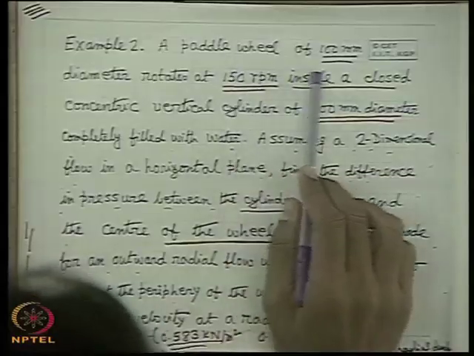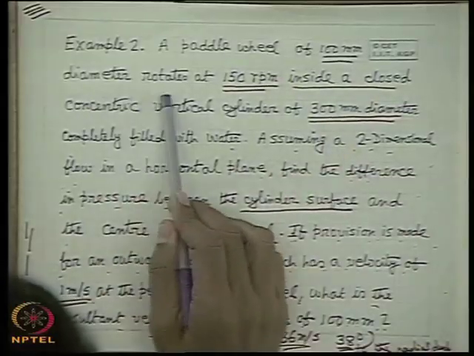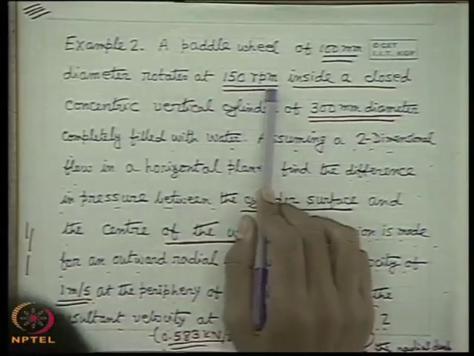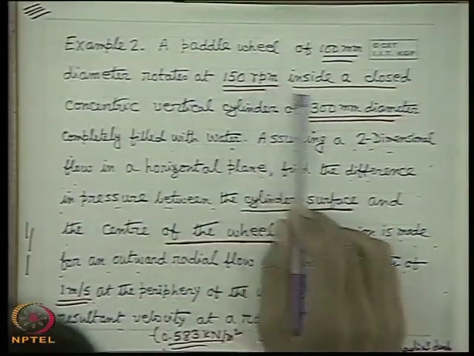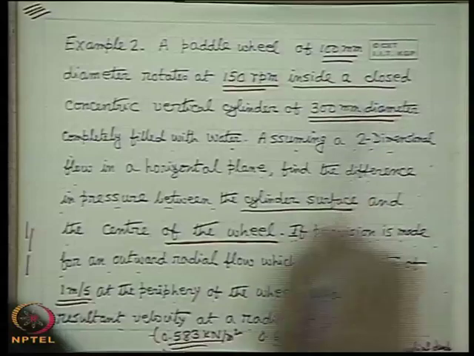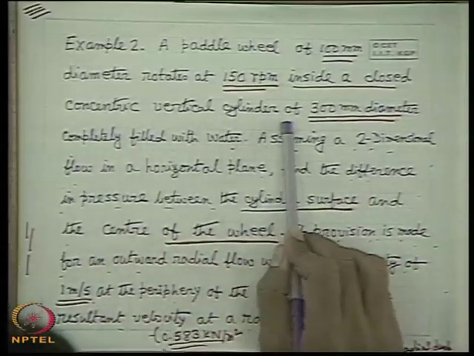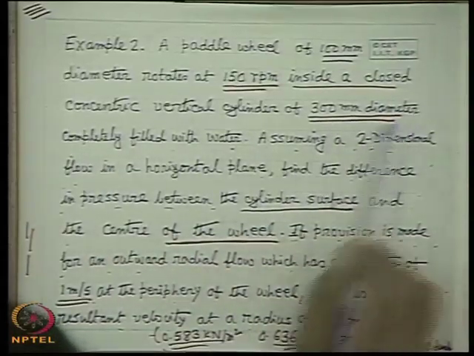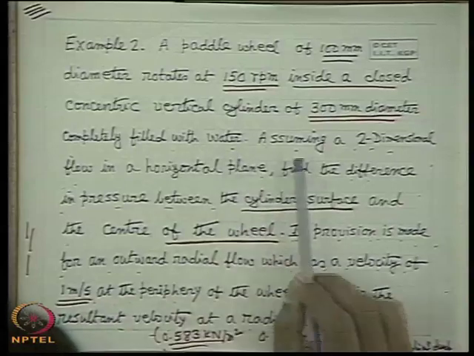If you look at the problem which we were discussing last class: a paddle wheel of 100 millimeter diameter rotates at 150 rpm inside a closed concentric vertical cylinder of 300 millimeter diameter, completely filled with water.